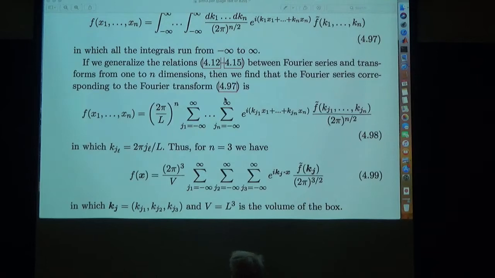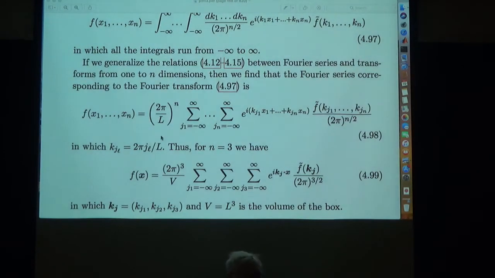As a result, when I needed to figure out what the relationship was, because I was doing a problem where I knew the Fourier series but didn't know the Fourier transform, or vice versa, I was stuck, and I had to figure things out from first principles and look them up in the book.